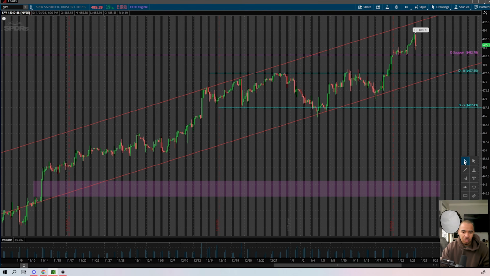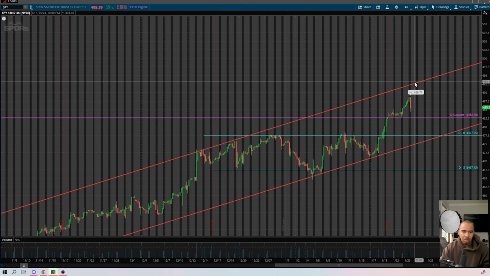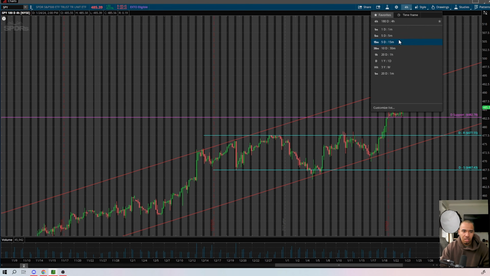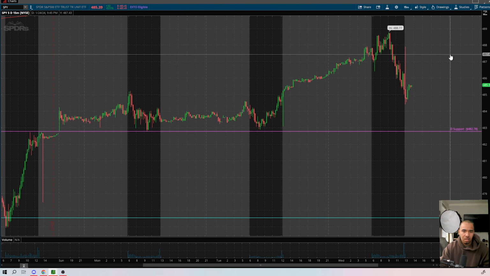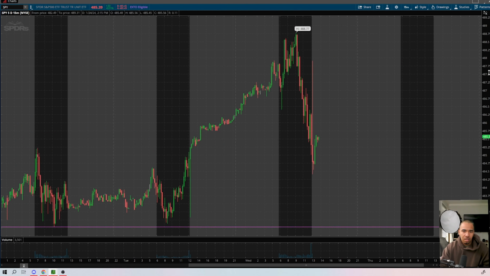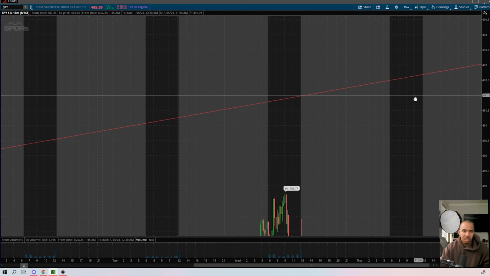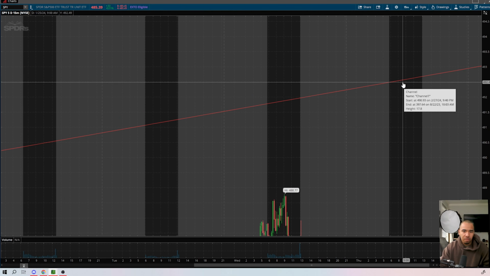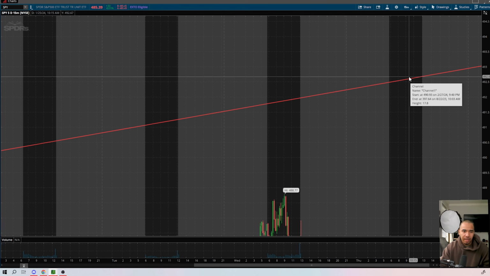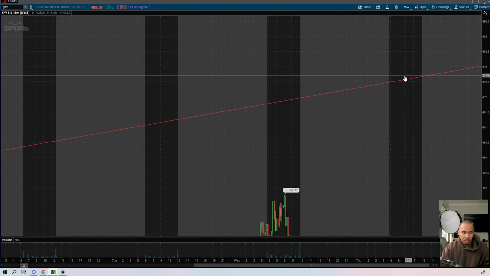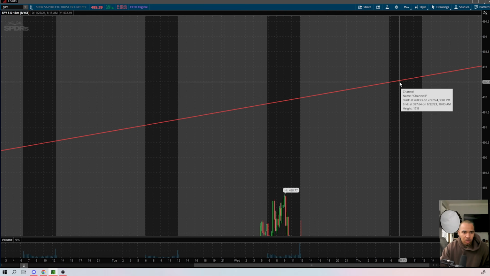This will be around the 492 to 493. I'll have to squeeze into the smaller time frame to see where exactly this level would be. So this will be between 492.49 and 492.69. That is where the rejection will occur.